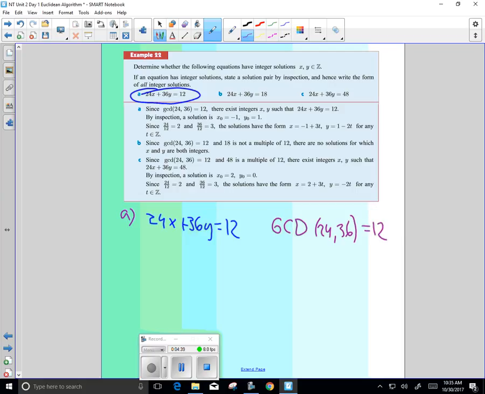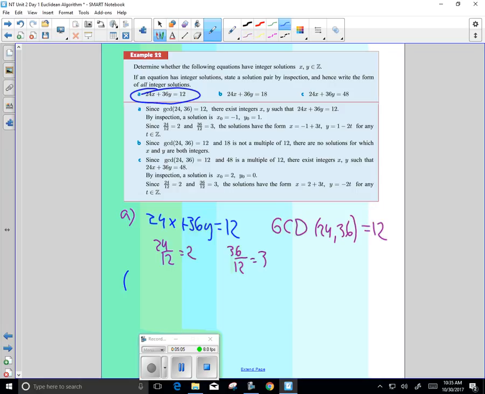So since it's 12, and this took me a while to figure out, but I think I got it, if you took 24 and divided by the greatest common divisor, 12, you get 2. And 36 divided by the greatest common divisor, you get what? 3.